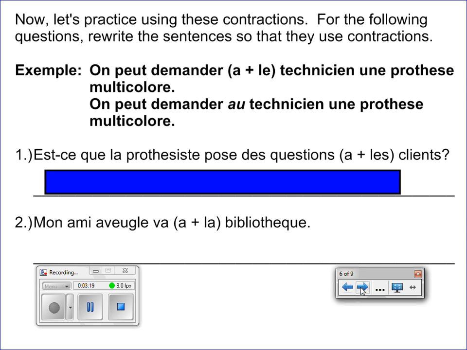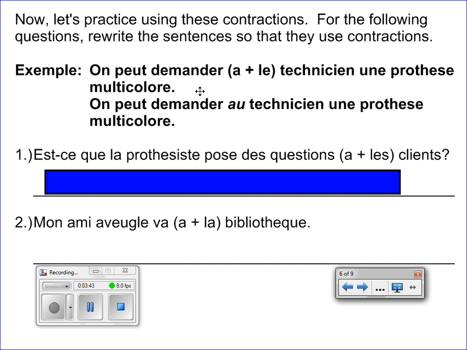Okay, so now let's practice using these contractions. For the following questions, rewrite the sentences so that they use contractions. Okay, so for example, we have On peut demander à plus le in our brackets, technicien une prothèse multicolore.